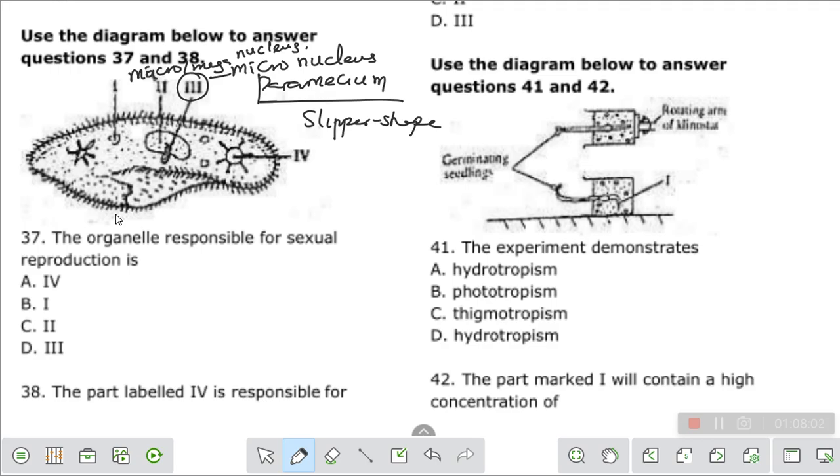So don't forget, this is the trichocyst. So that's your trichocyst. So this is your food vacuole. I'm just putting them down.